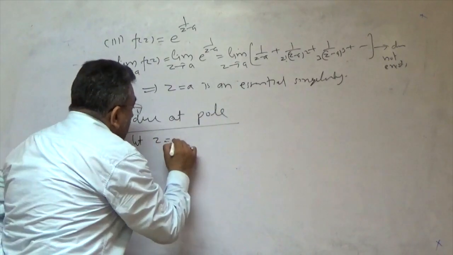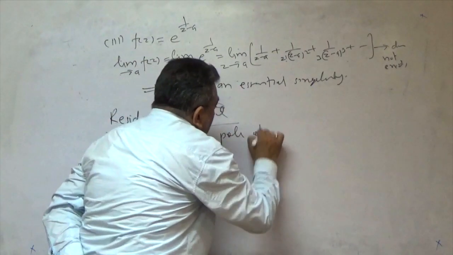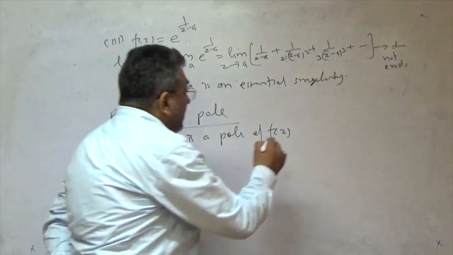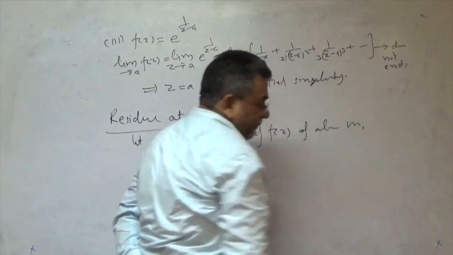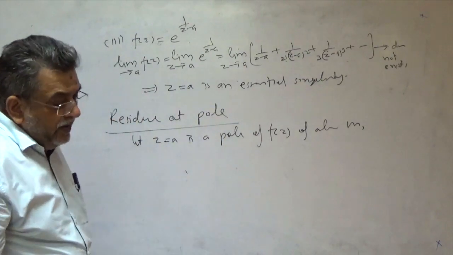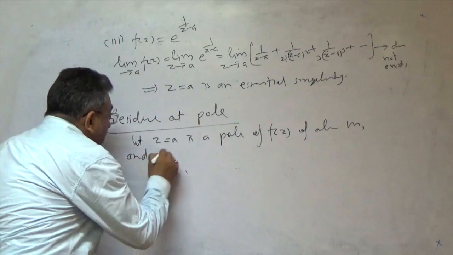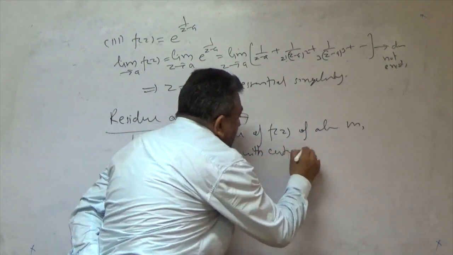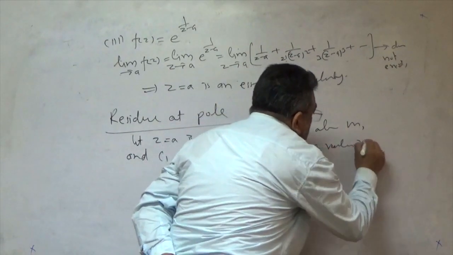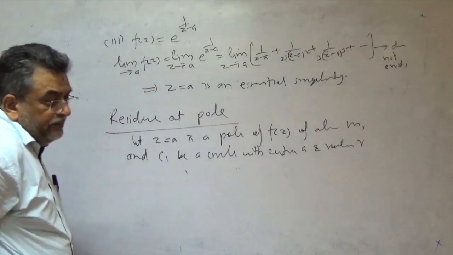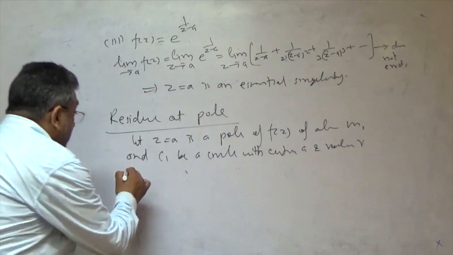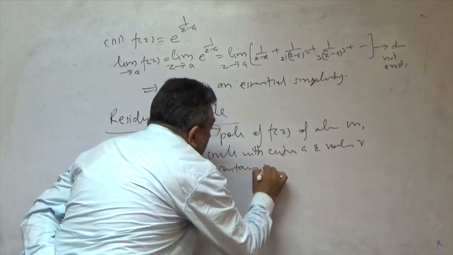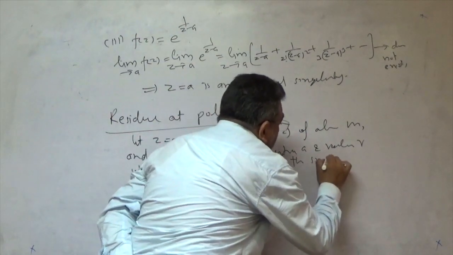If z equal to a is a pole of a function f(z) of order m, suppose C1 is a circle with center at a and radius small r, which does not contain any other singular point.